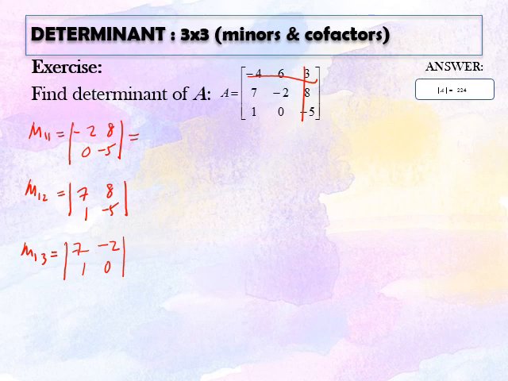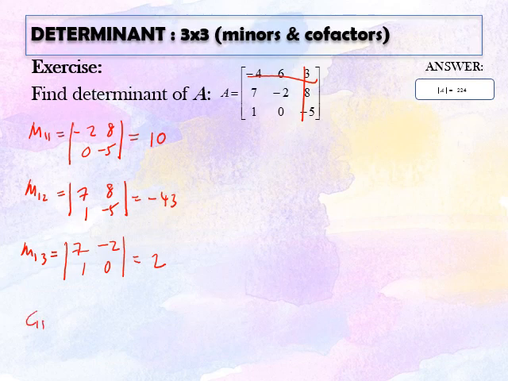Okay, so 10 minus 0 is 10. Here is -35 minus 8. So it should be -43. Here is 0 minus -2 should be 2. So what is C11?